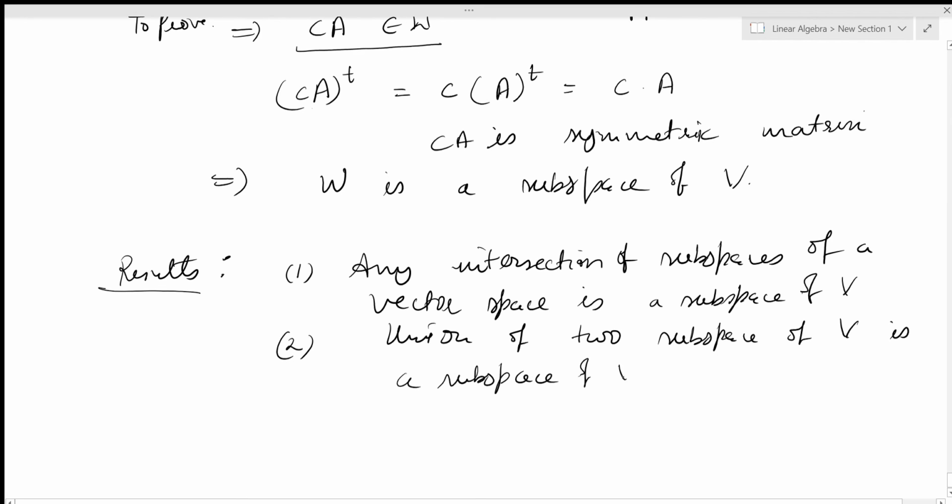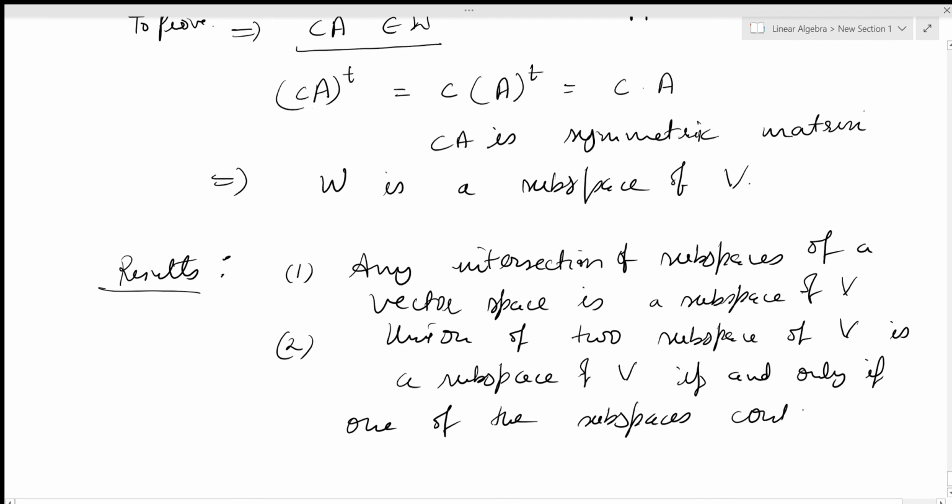when? If and only if one of the subspaces contains the other. Guys, just see that in rough part.